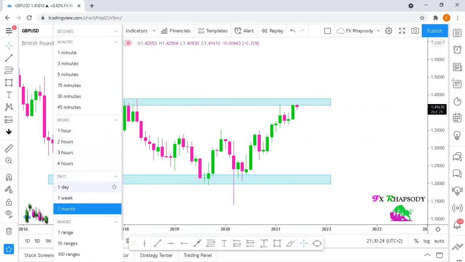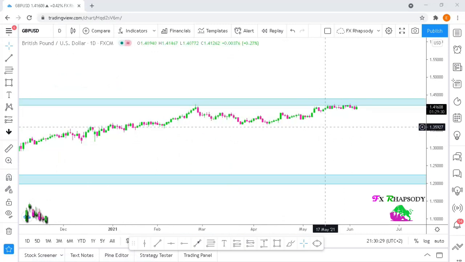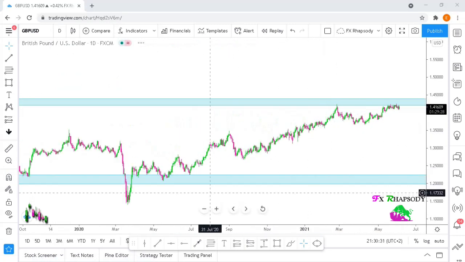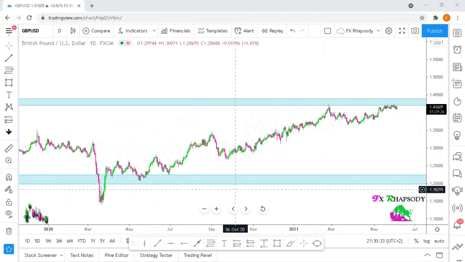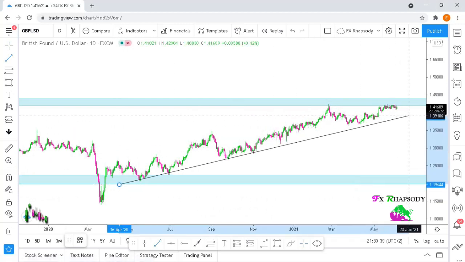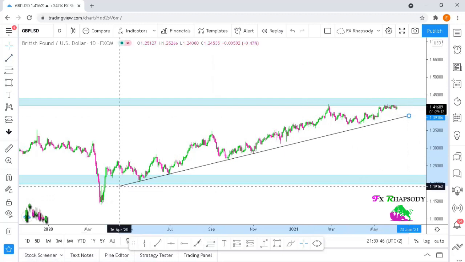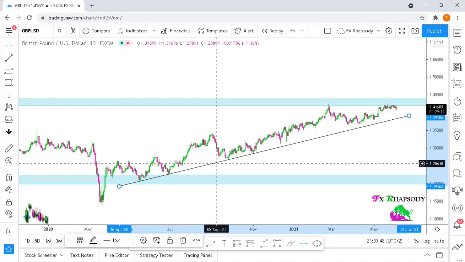I'm not going to do the weekly today. I just want to go straight to the daily. Now on a daily time frame, I'm just going to scroll out a little bit more. Just wanted to draw my trend line in here, basically. There you go. That looks about right.